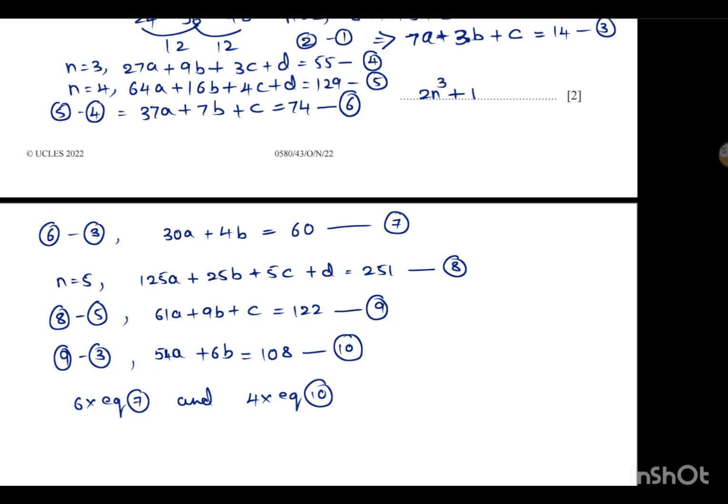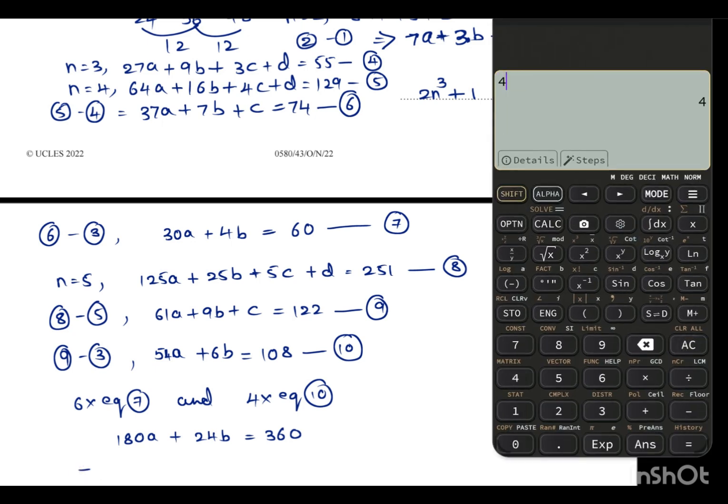So 6 into 30 is 180a plus 6 fours are 24b is equal to 6 into 60 is 360. Then subtract from it 4 into 54, which is 216.